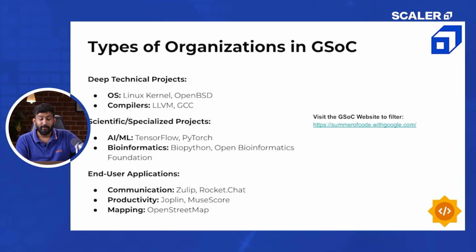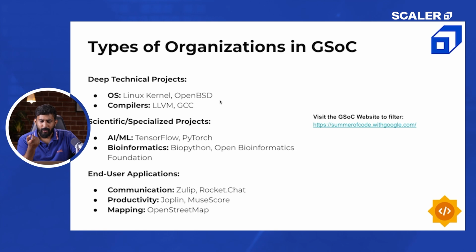Now, coming to the types of organizations in GSoC, this is a bit important, because this is make or break. If you choose a really technical project, you also have to have that amount of technical knowledge. Let's say you are going for an operating system project, like Linux kernel or OpenBSD.